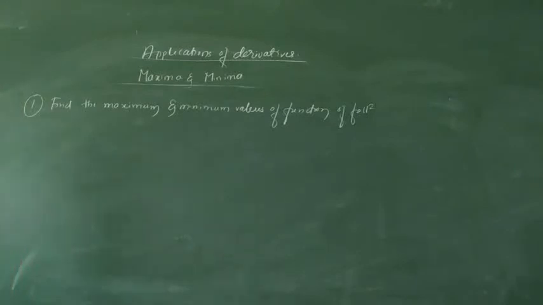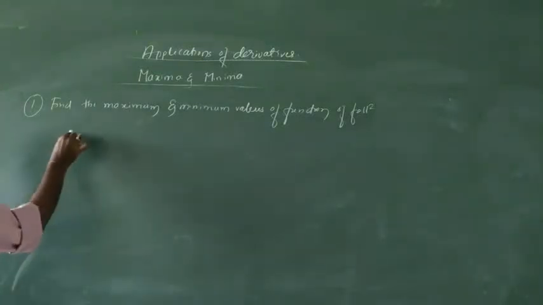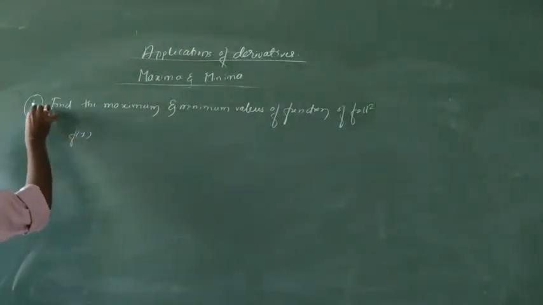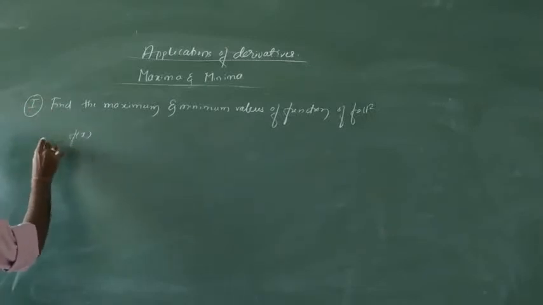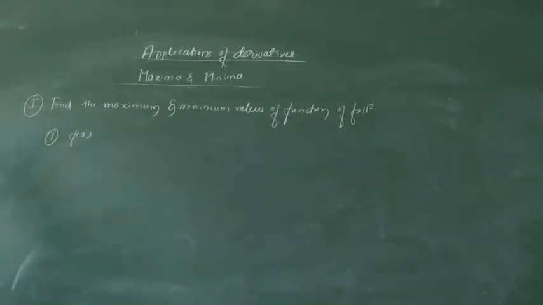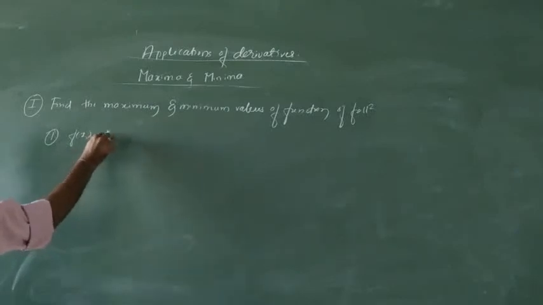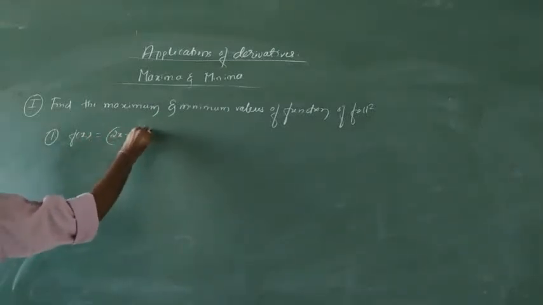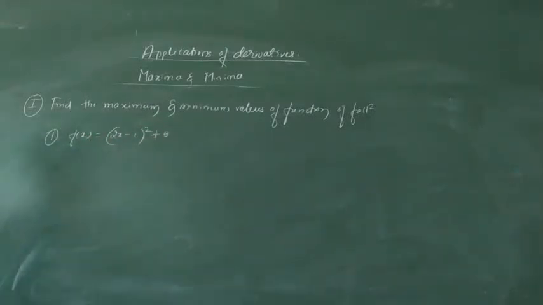The first example: f of x is equal to (2x minus 1) whole square plus 3.